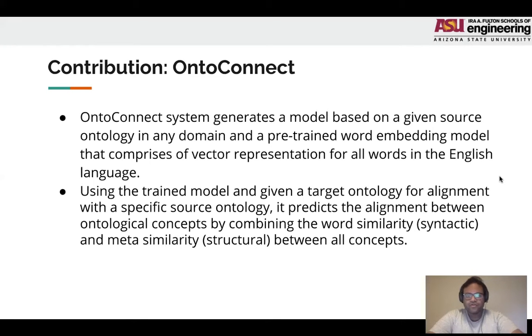So our contribution with the OntoConnect tool is that we are able to use an unsupervised learning based method to train on the source ontology itself. It learns the weights and biases, and based on that we are able to predict the similar entities just by using the target ontology.